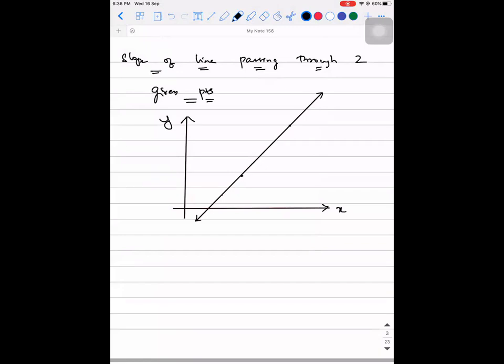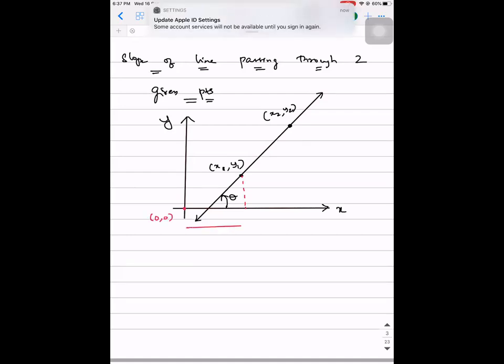So this line is making an angle theta with the x-axis. Let me say the coordinate of this point is x1 comma y1 and the coordinate of this point is x2 comma y2. Am I right? So when you drop the perpendicular here, tell me what is the distance from the origin to the foot of the perpendicular along the x direction?